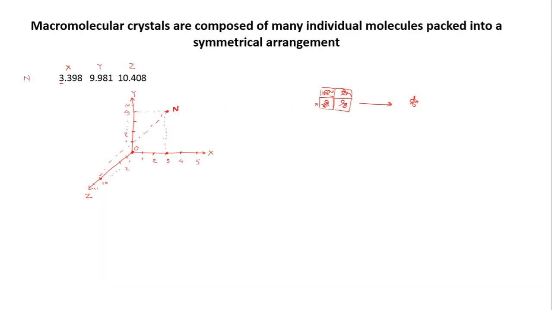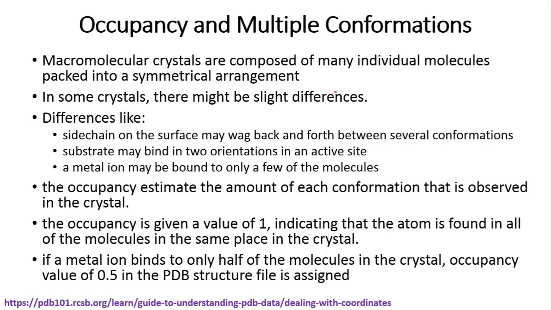Say, out of 100 protein molecules in the crystal, the metal ion can be bound to only 50 molecules, and 50 molecules can remain unbound. These things can happen during crystallization.